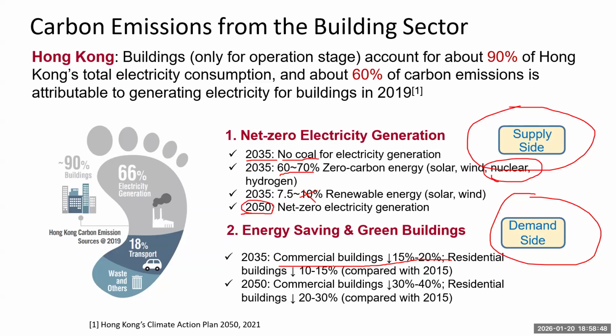In 2035, the energy use reduction is 15% to 20% for commercial buildings and 10 to 15% for residential buildings, benchmarked against the data in 2015. And in 2050, there will be even more energy saving reduction.